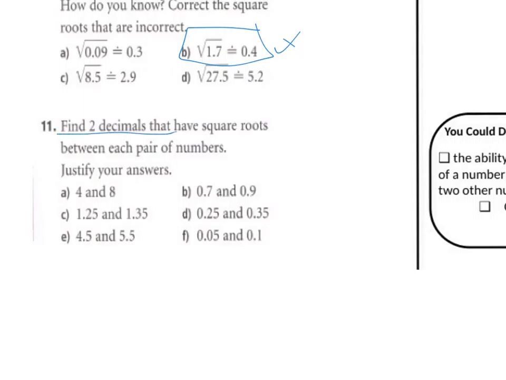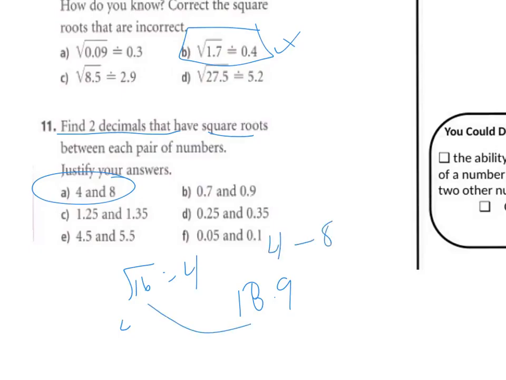So to find two decimal places that have square roots between these two numbers, you just take a number. For example, we know that the square root of 16 is 4, so a number bigger than 16 would have a square root bigger than 4. And that's all they're asking here to do.